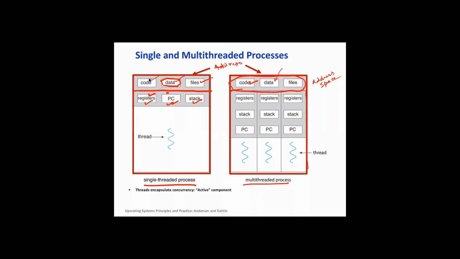The registers are the same, whatever number of registers we have studied, and the same program counter in the processor. Note that we are not running threads simultaneously. If it is a single processor, we are not running them simultaneously.